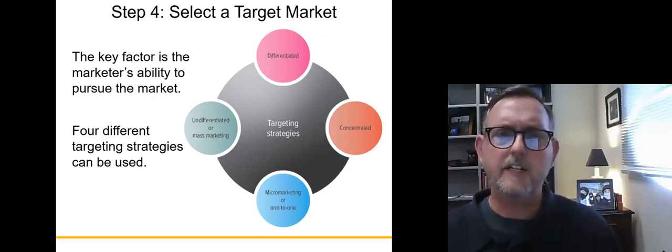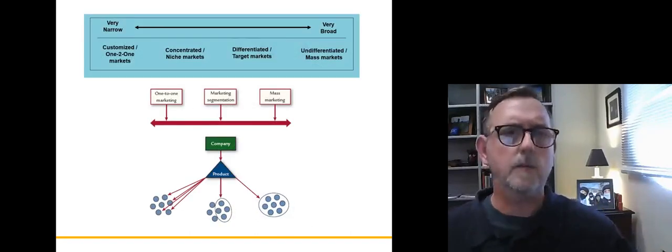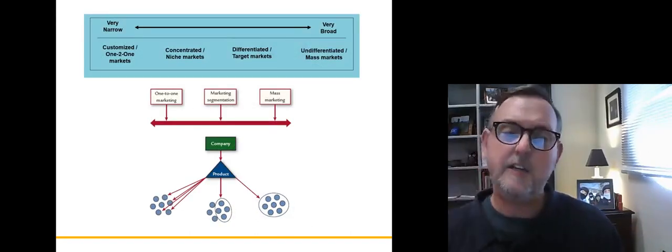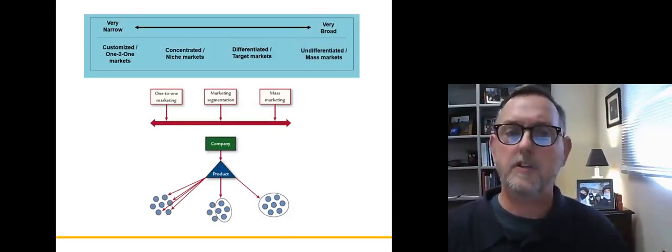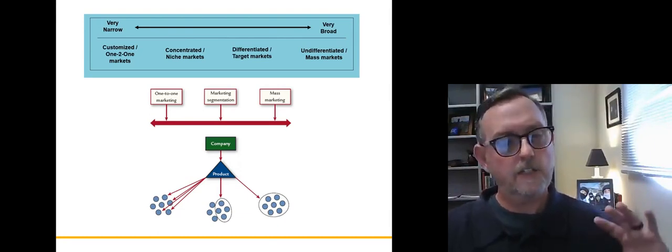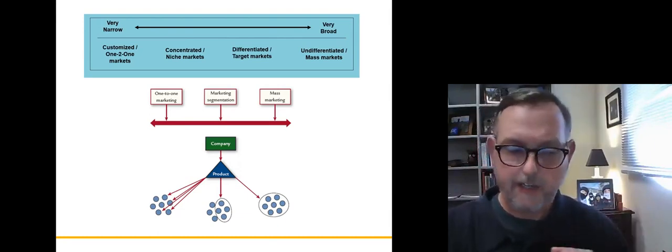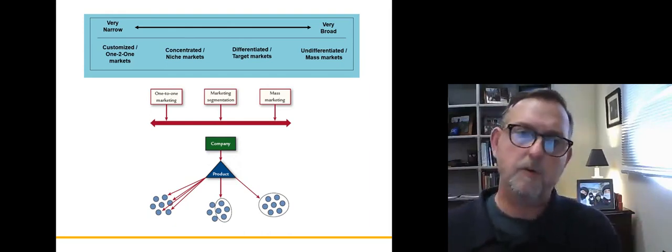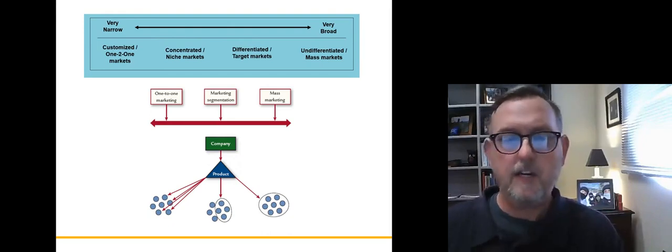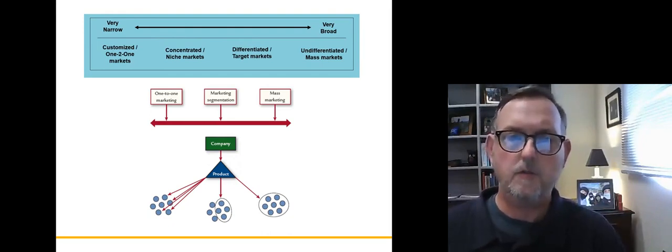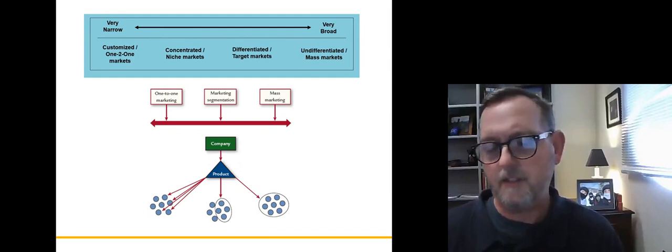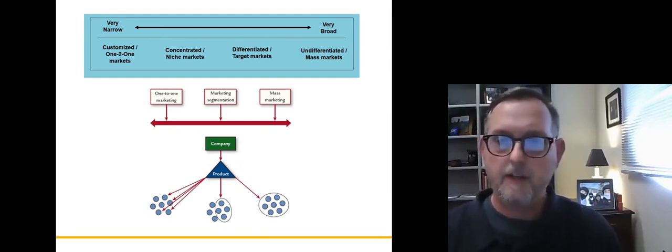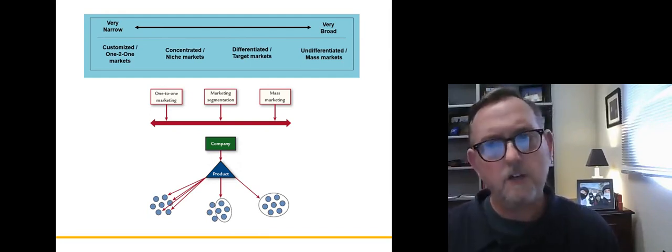But it really kind of helps to think about these 4 strategies sort of on a continuum, where in one end you use a very broad approach where you're looking to try to reach everybody you can with the same marketing plan, to a very narrow approach where every single customer is viewed as an individual consumer and we have a special plan just for them.